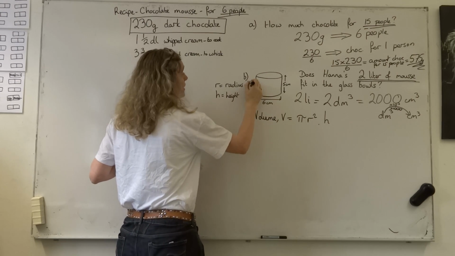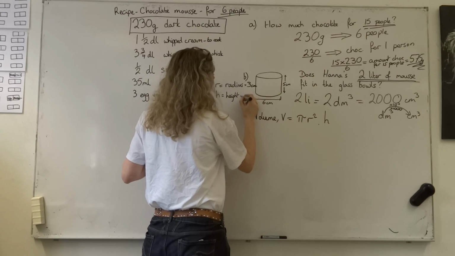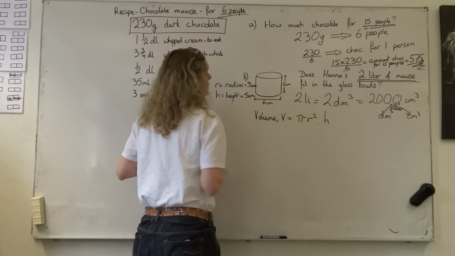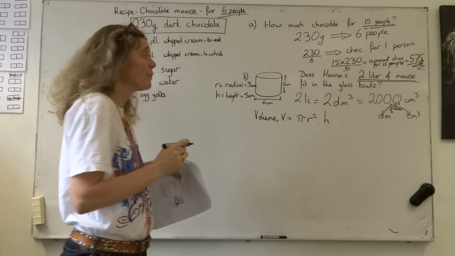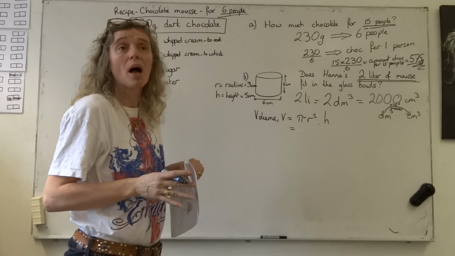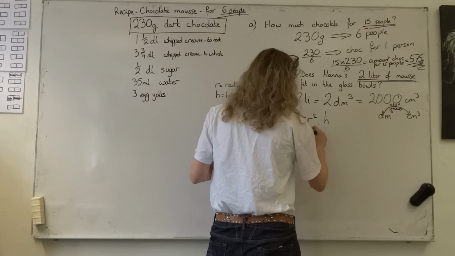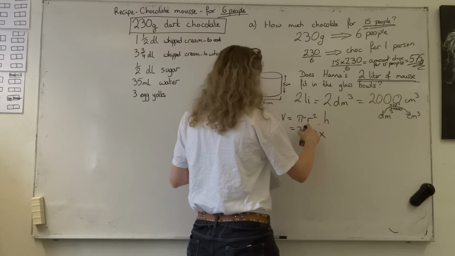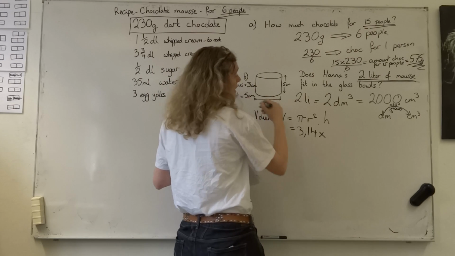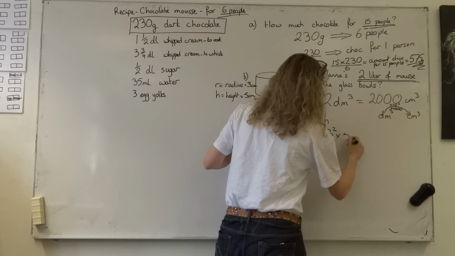We know that the radius is 3 centimetres because the diameter was 6, and the height is 5 centimetres. So now we just plug the numbers in. They've not told us anything about pi, so we know that we need to use pi as 3.14. 3.14 times the radius squared, 3 squared, times the height of 5.